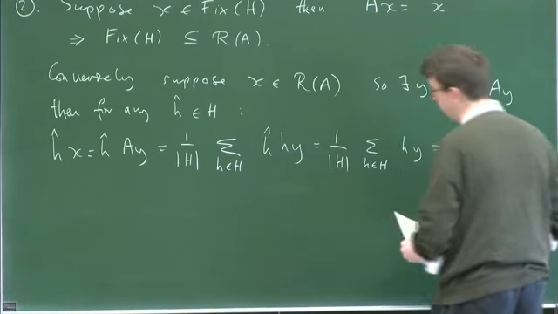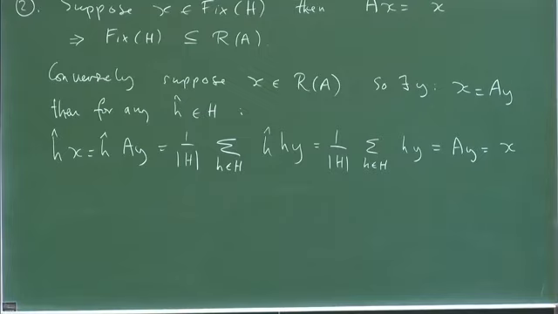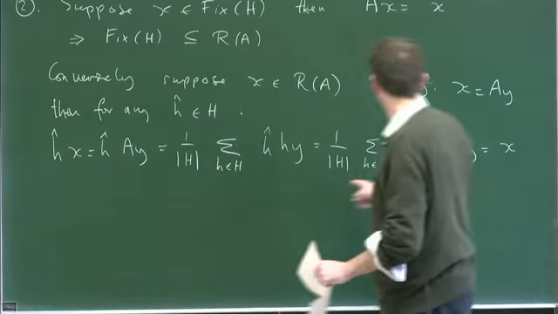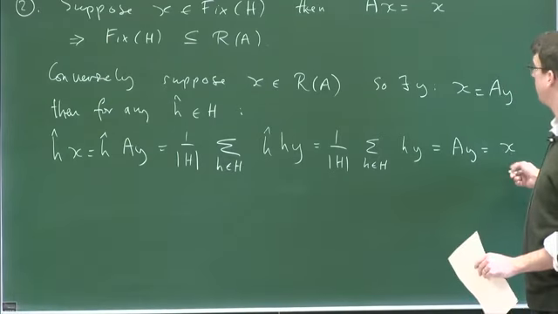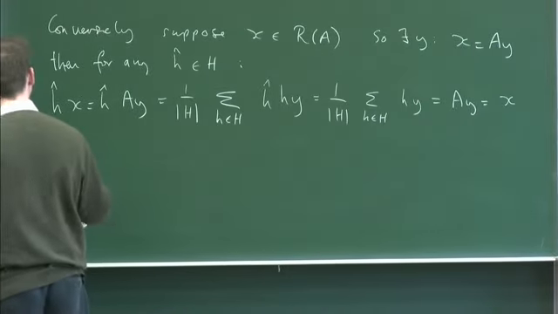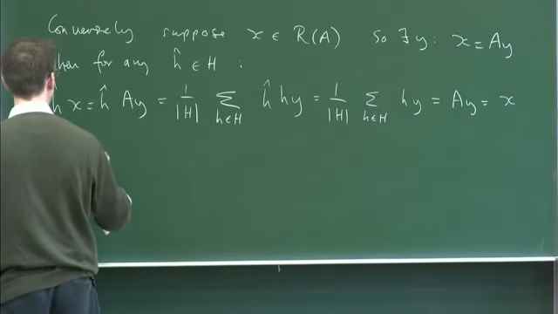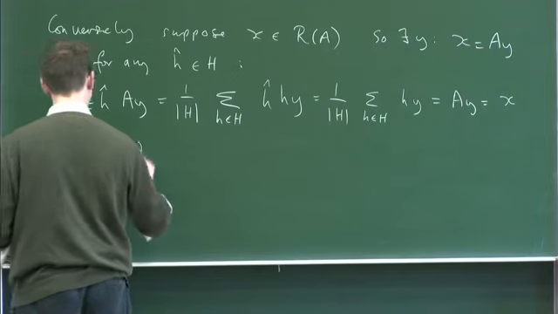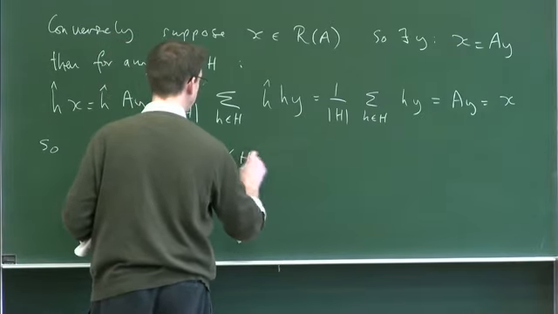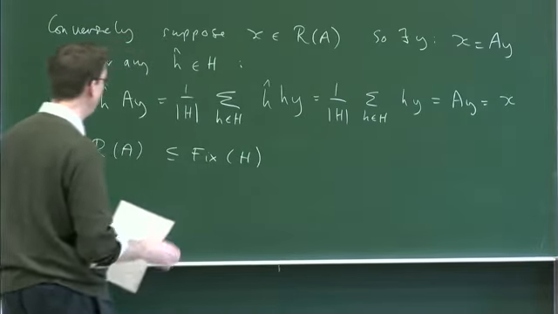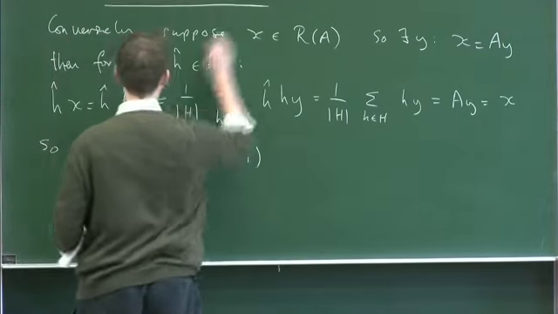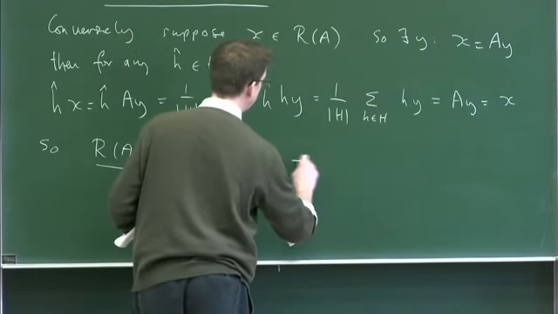And Ay is x. So if I apply an element h hat to x, and x is in the range, then I just get x again. So being in the range implies that you're in the fixed point subspace of H. So I've got an inclusion both ways around, so in fact they're equal.